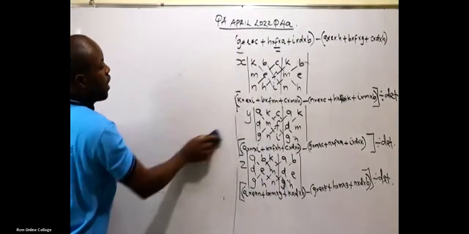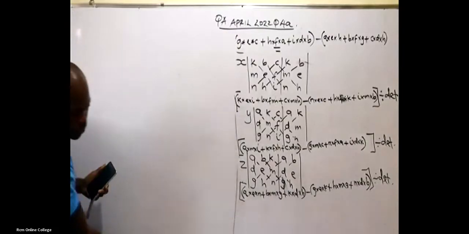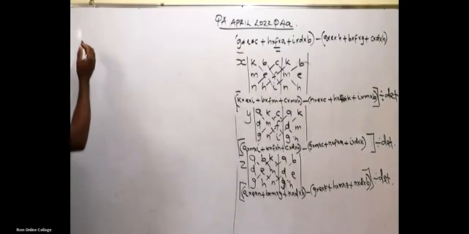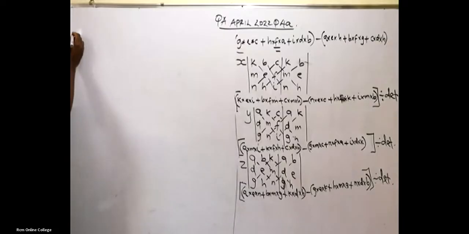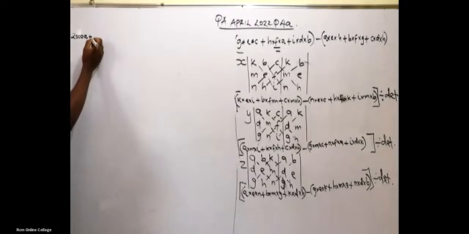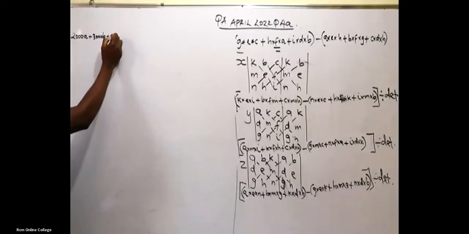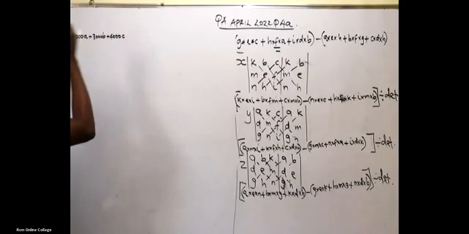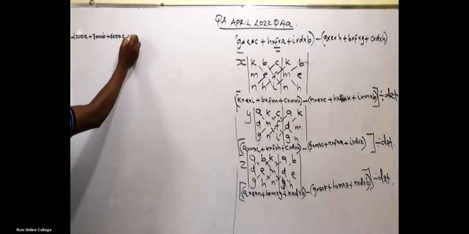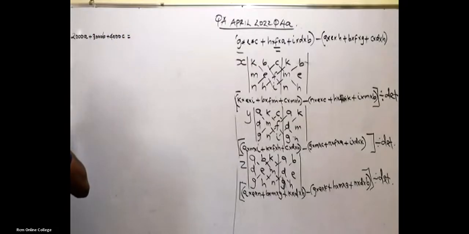Then you see how to build up the matrix. The first thing we are talking about is 2,000 shillings for product A plus 3,000 shillings for product B, which we do not have, plus 4,000 shillings for product C, which we do not have, is equal to 17 million.